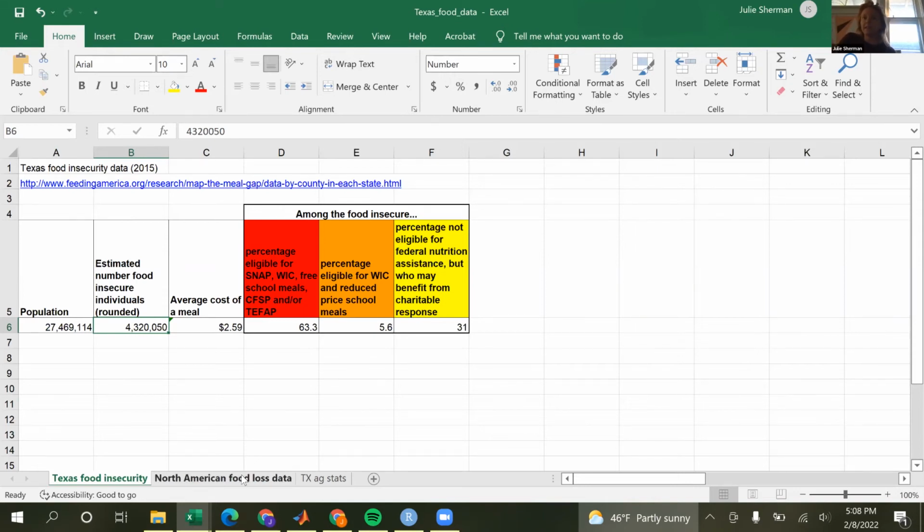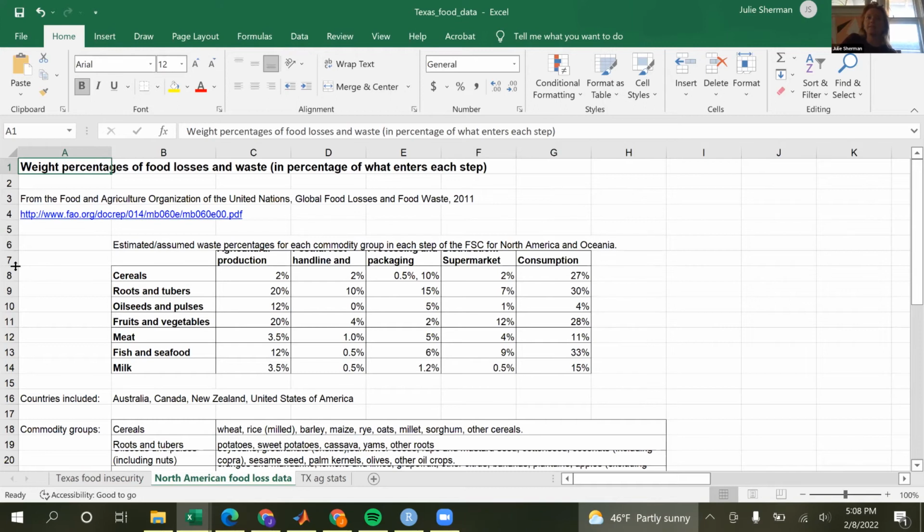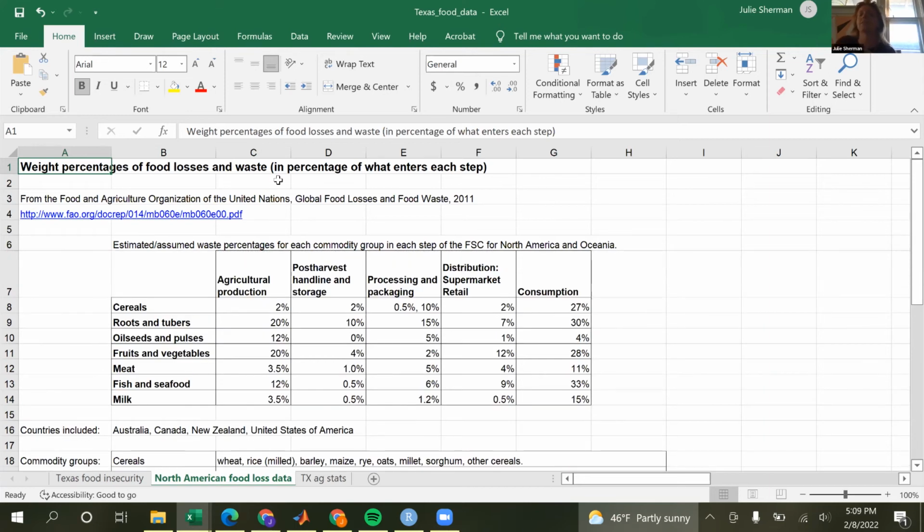The next thing in this table is, of course, the percentages of food waste in North America. And it breaks it down by type of food. So we have cereals, which are like wheats and stuff, roots like potatoes, that kind of thing, fruits, veggies, meats, dairy, and all this.